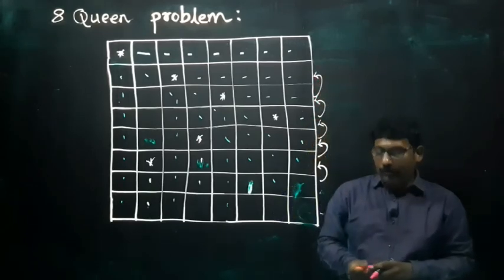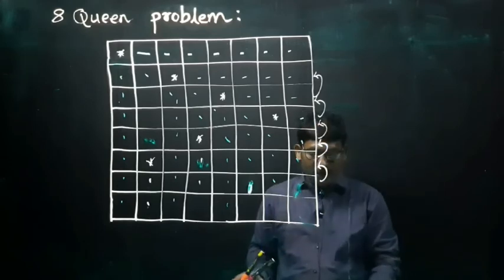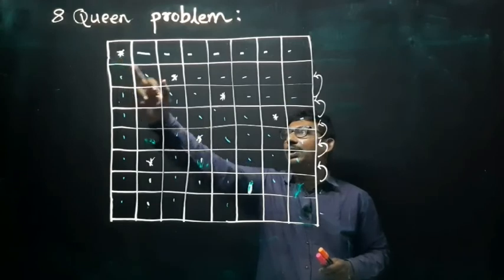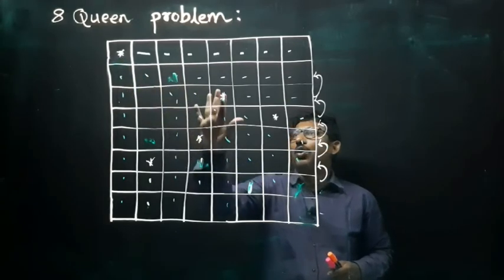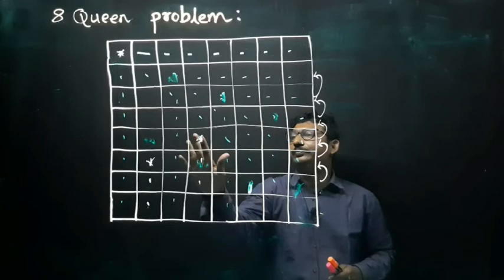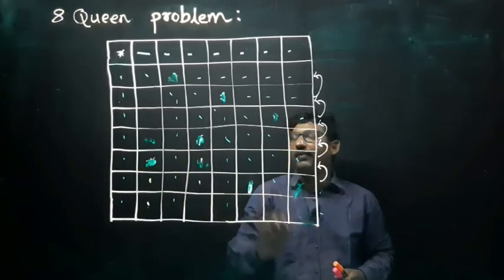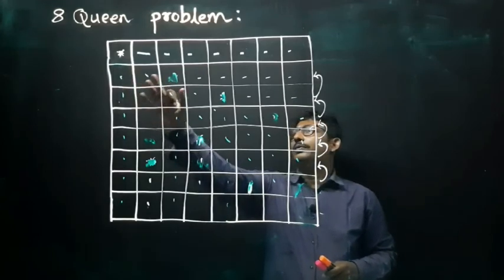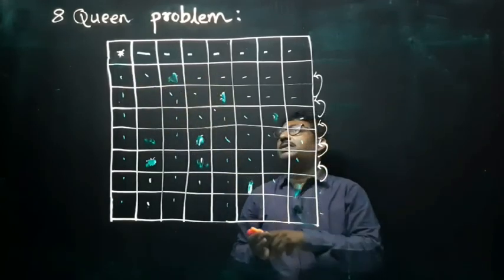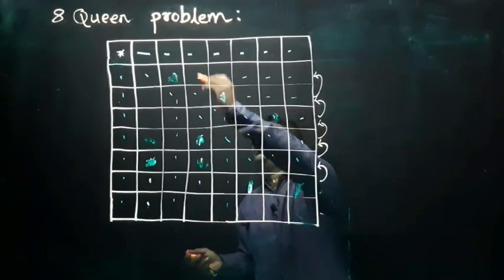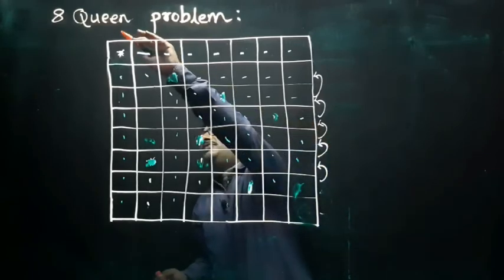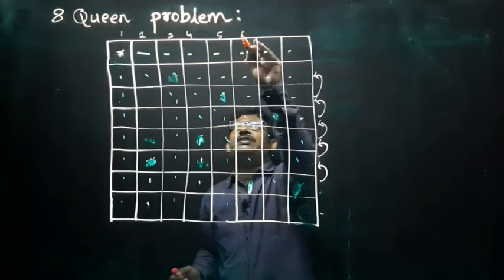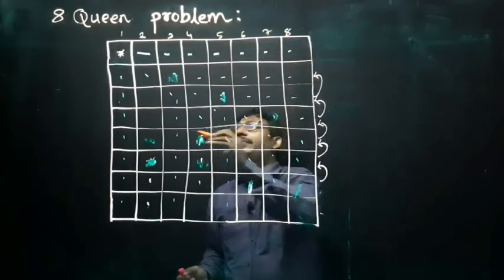So now I will try to get a solution for it. In the first column I kept this one, then all these are removed and I tried for a new solution. Let's keep here. Let's keep the numbers for this, 1, 2, 3, 4, 5, 6, 7, 8.